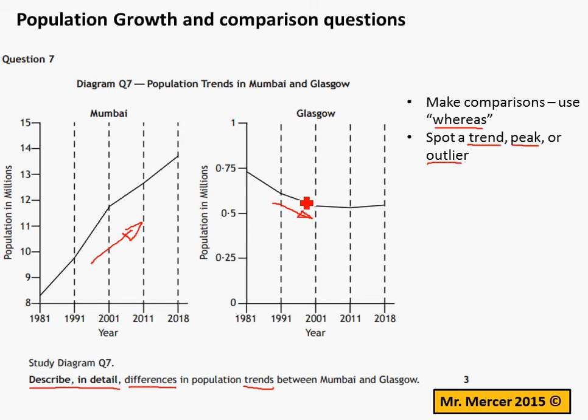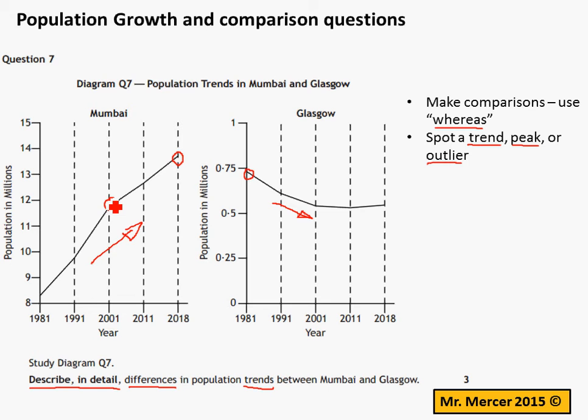A peak is a maximum point. Here in 2018, and in Glasgow here in 1981. An outlier is an unusual point, or a fluctuation, or an anomaly in the graph. Now in Mumbai, you might argue that this is an outlier, or an anomaly, an unusual point.